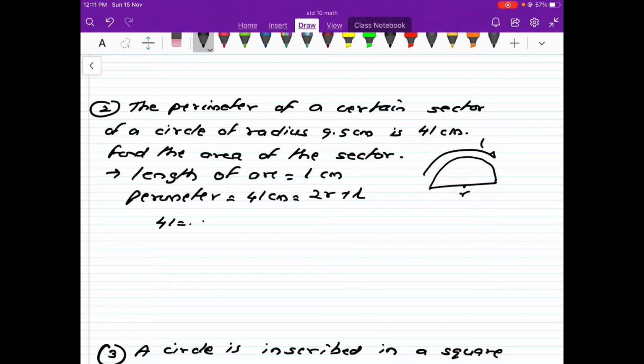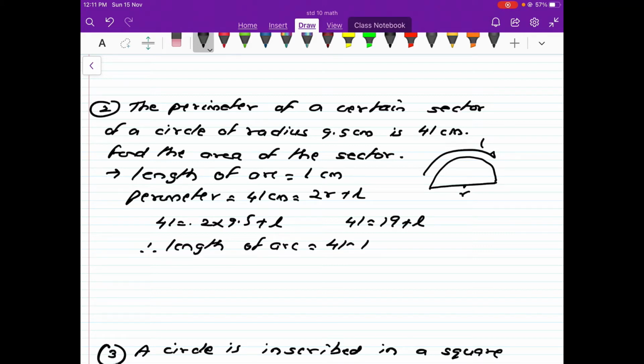So 41 is equal to 2 into 9.5 plus L. So 41 is equal to 19 plus L. Therefore the length of the arc is 41 minus 19, which is 22 centimeters.